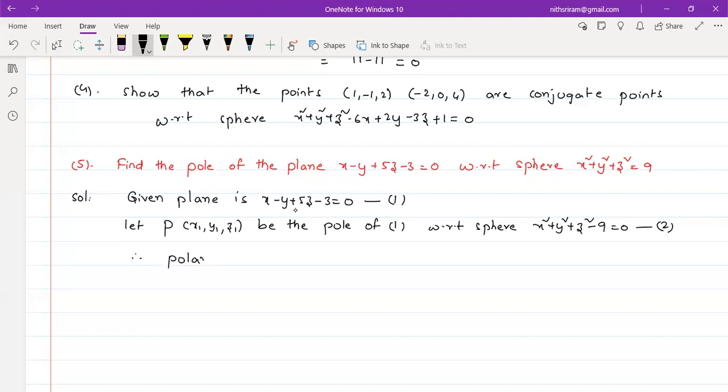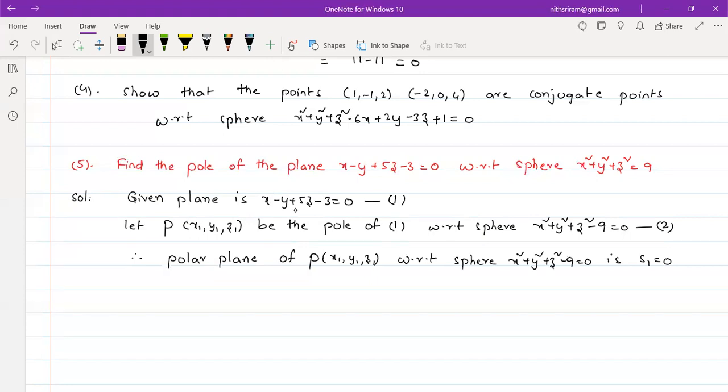Therefore, the polar plane of the point P(x1, y1, z1) with respect to the sphere x square plus y square plus z square minus 9 is equal to 0 is S1 is equal to 0. Yes, this is the formula for the polar plane.